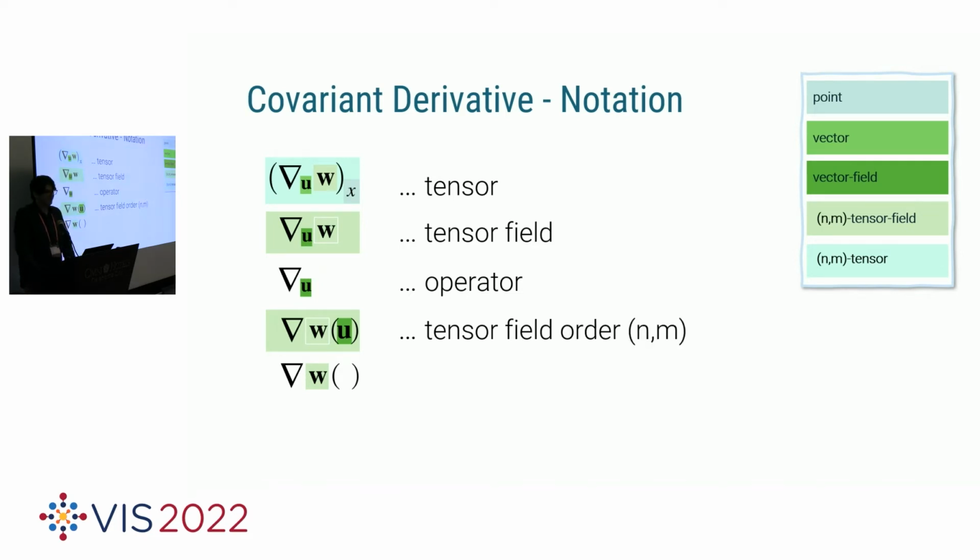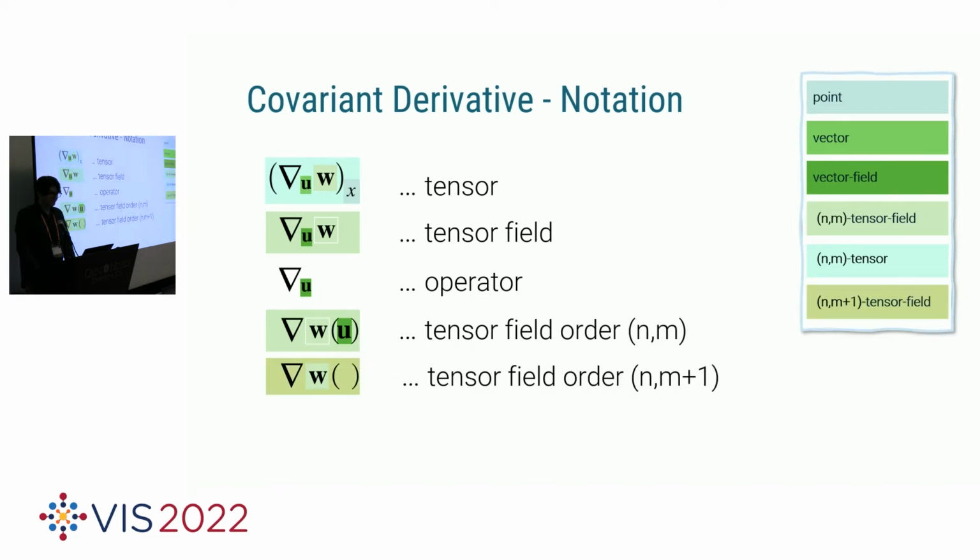So by leaving away this u, by leaving away the direction, we go from a tensor field of order n m, so this here would evaluate to a tensor field of order n m, we suddenly go to a tensor field of order n plus 1.